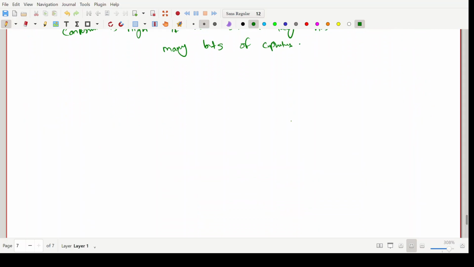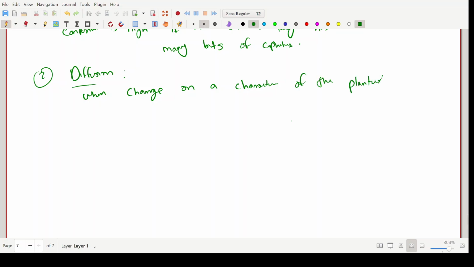Next is diffusion. See, when a change in a character of the plain text yields change in all characters of the ciphertext, and vice versa, then it is called diffusion.